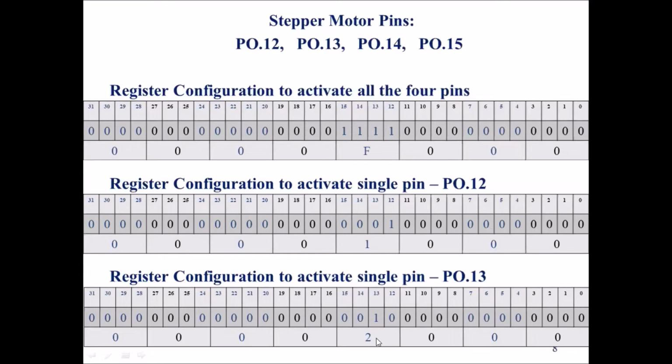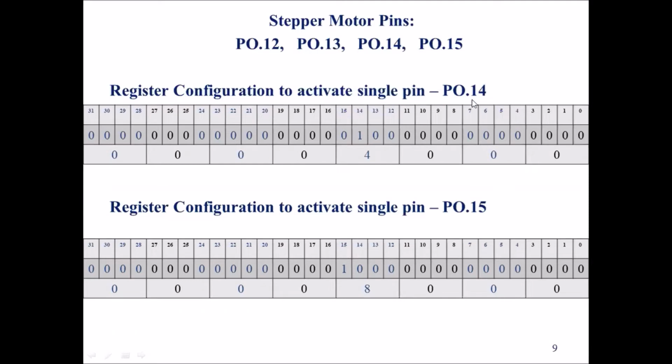So the hexadecimal representation of port 0 pin 13 is 40200. If you want to activate the coil B, which, as we all know, is associated to the 13th pin, then obviously you should set the register configuration as 40200. Next, let's see how to configure the coil C.